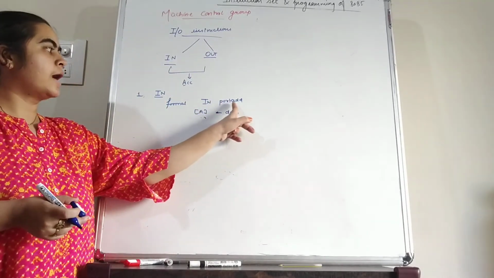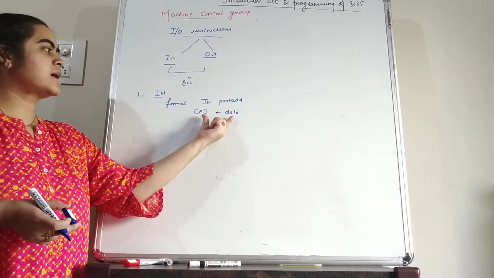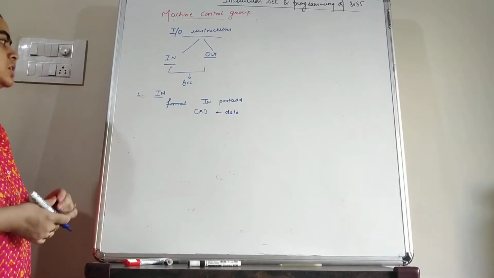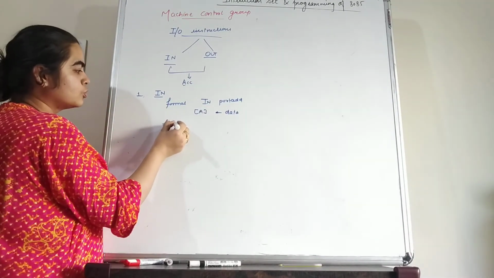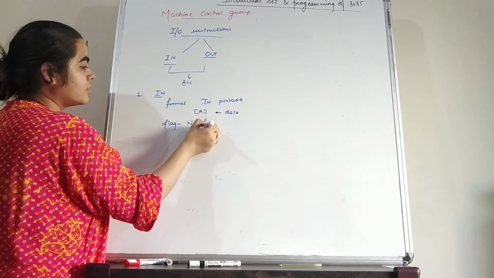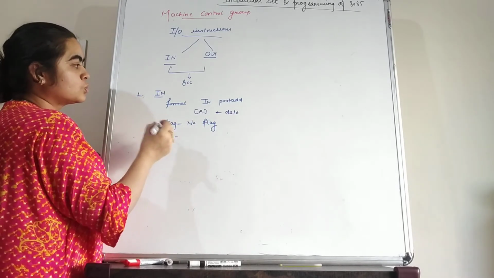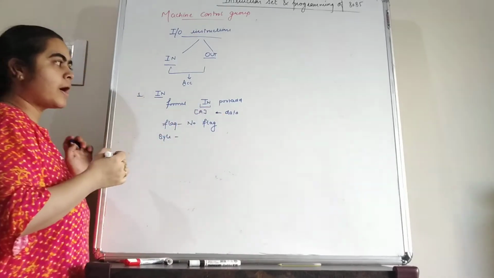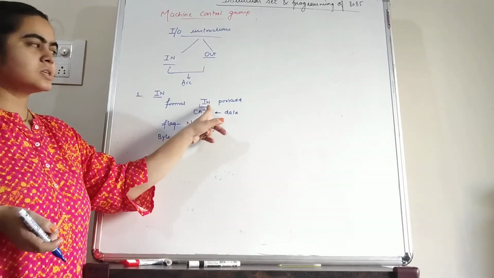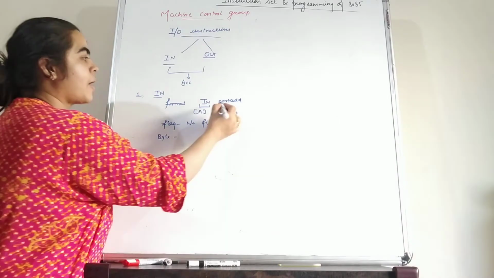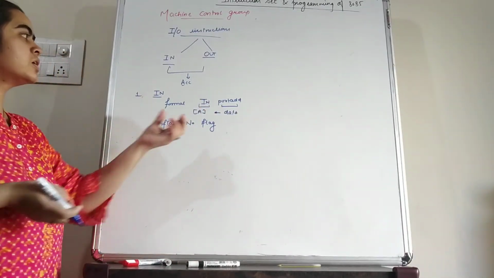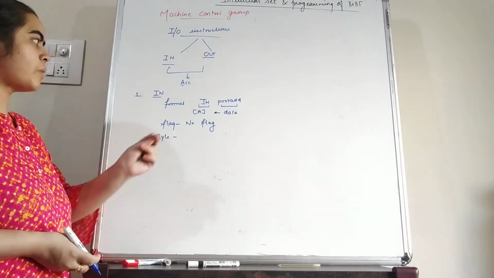So in IN we have a port address, and this is the format of the instruction. Next one is the flag. No flag will be affected by this instruction. Next is the byte. Now see students, one byte is occupied by the opcode that is IN, and one byte is occupied by the port address. Why will the port address occupy only 1 byte of memory?